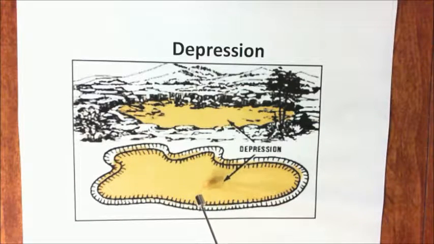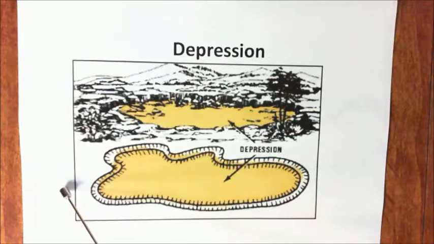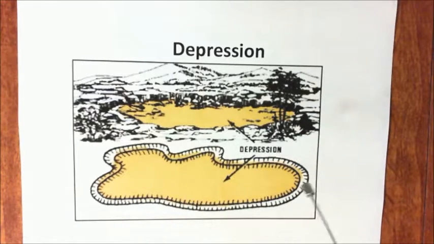So again, if you want to get from over here to over here, you could go in a straight line and go down in the depression. Maybe get stuck in some mud or some swamp or something like that. Then you've got to climb back up, and then you're good to go. Or you could just go around it, and that might be better.